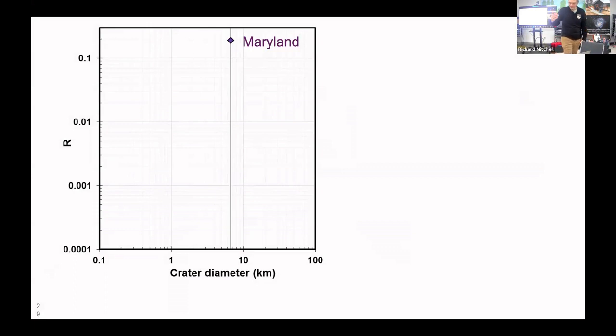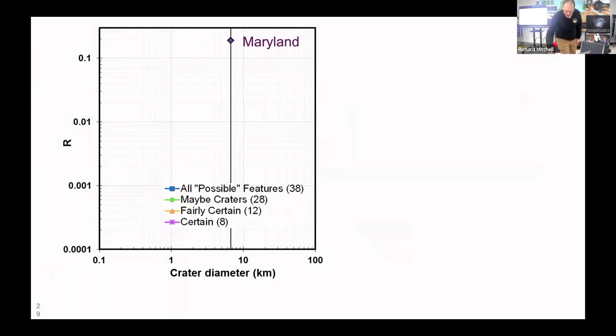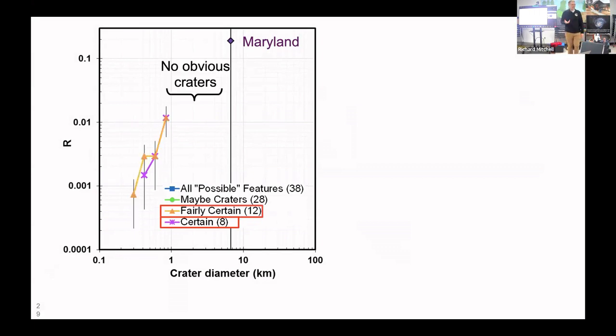And I think you can see from how the plot's made where the other ones go. If we look at just the absolute best ones, there are fewer craters as you get smaller. If you look at the ones that are maybe okay, they follow the same line. And that's everything that I could look at, any little smudge that I thought might be a crater.